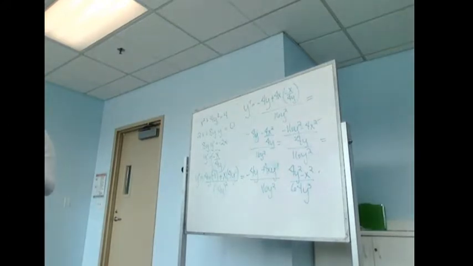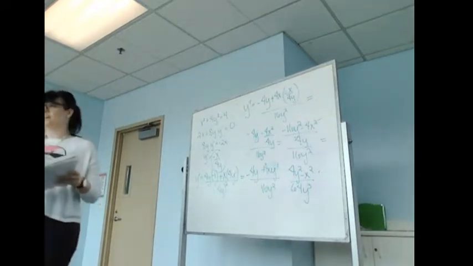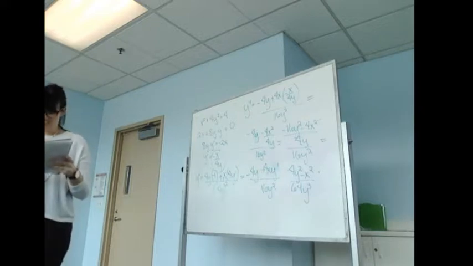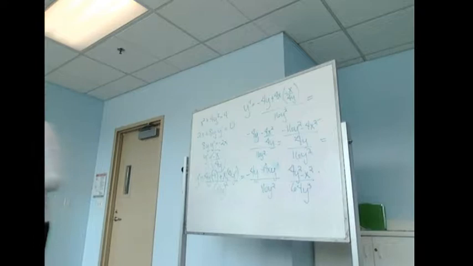My on fire roll is having a momentary pause while I try to figure out what I was doing. y times y double prime.